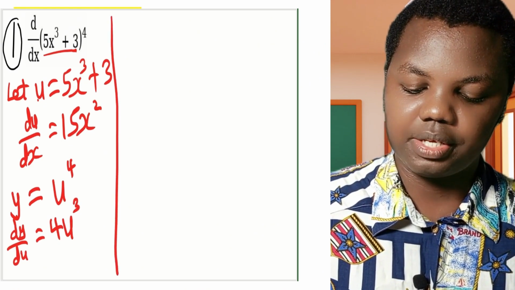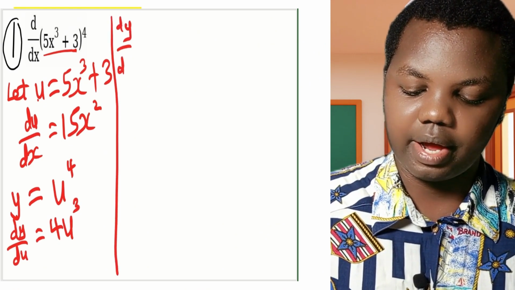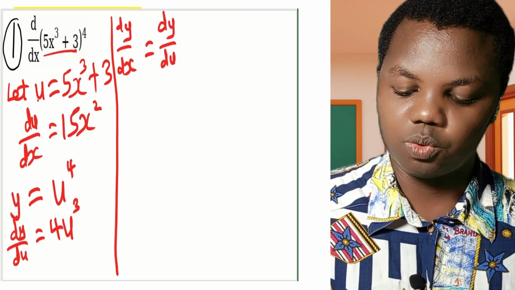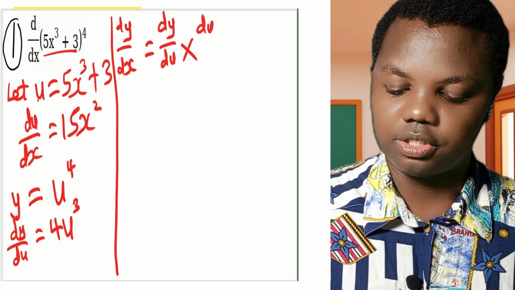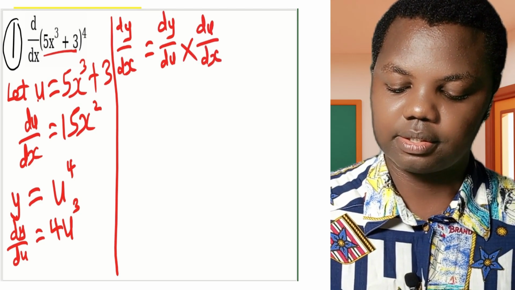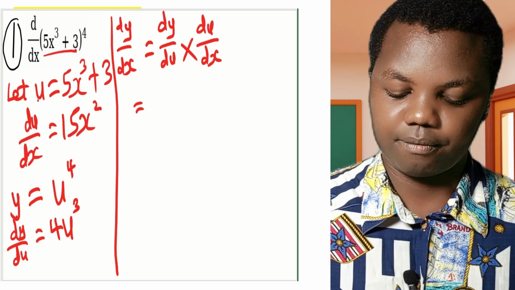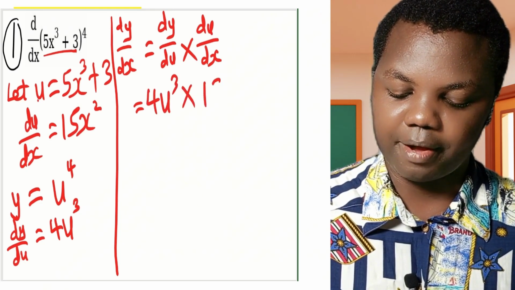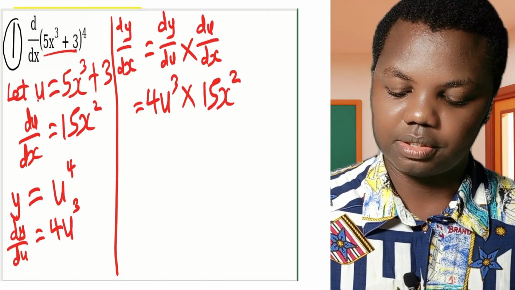Don't forget the rule says dy/dx equals dy/du times du/dx. So I'm going to have 4u to the power of 3 multiplied by 15x squared.